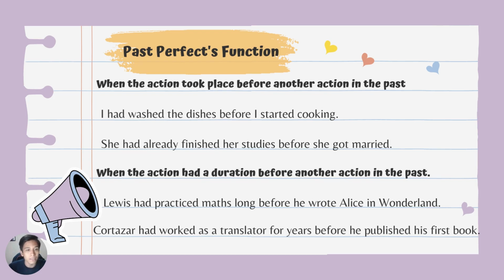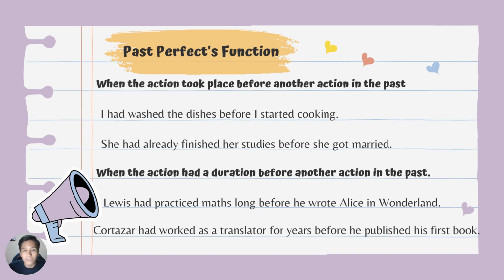Here we have a specific duration, and obviously here we have two actions. The first one is that Lewis practiced maths, and after several years he wrote Alice in Wonderland.